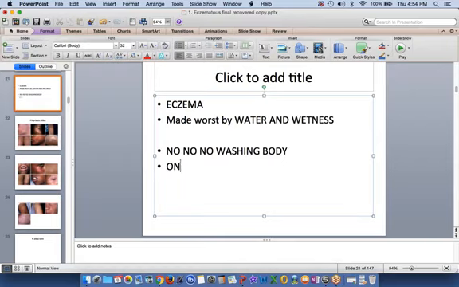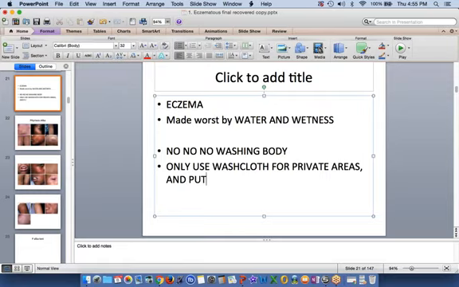Okay? Only use a washcloth for private areas, and put the scalp in the basin if you want to clean it.